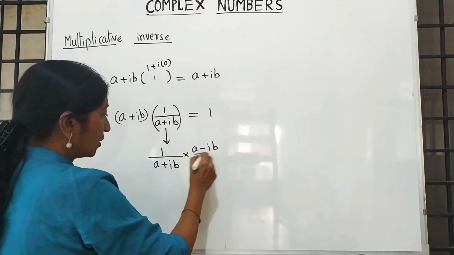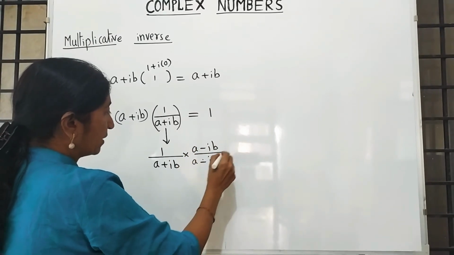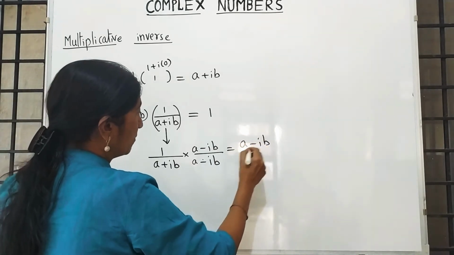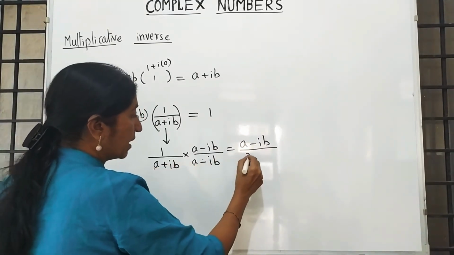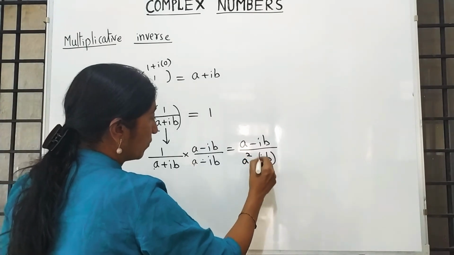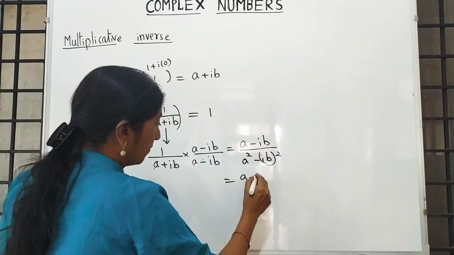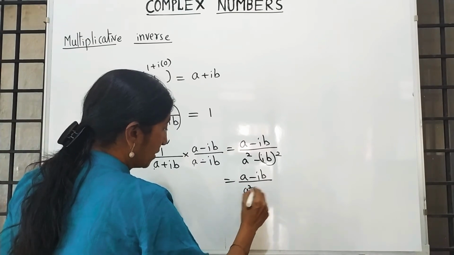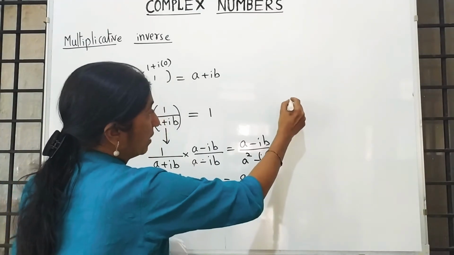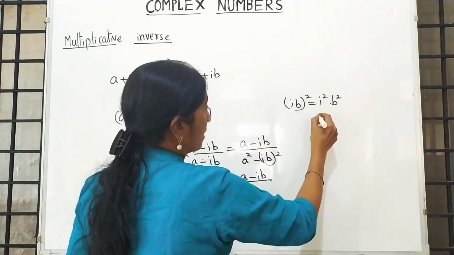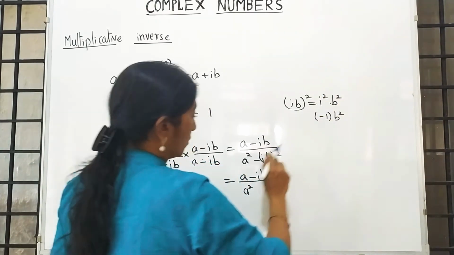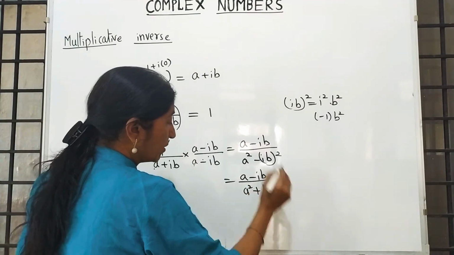We are rationalizing this, and you will get a minus ib upon a square minus i square b square, since it is in the form of (a plus b)(a minus b) equals a square minus b square. See, (ib) whole square is i square into b square. i square is minus 1 into b square. Minus into minus becomes plus.